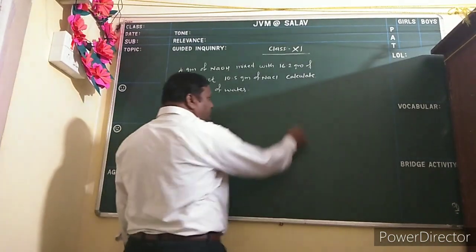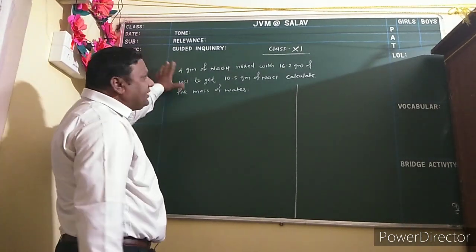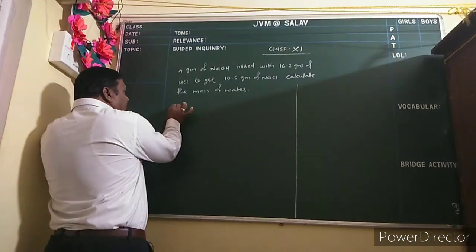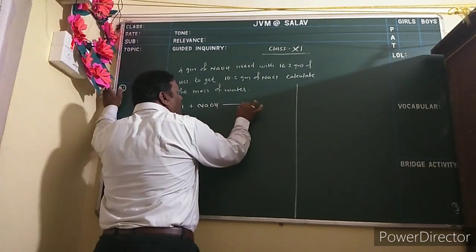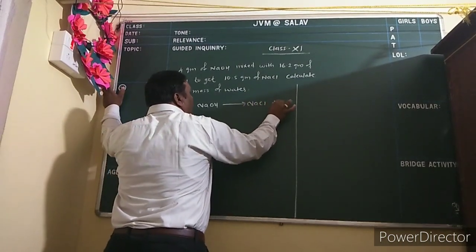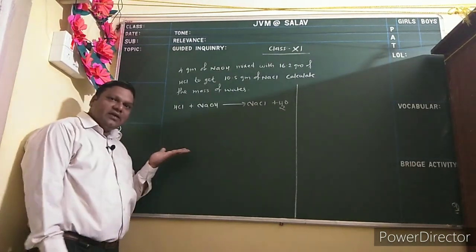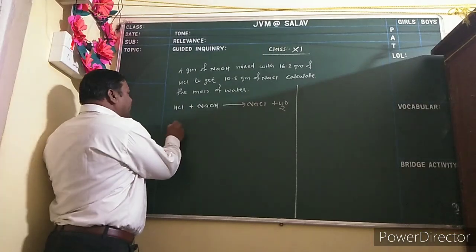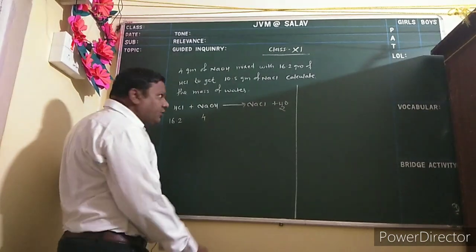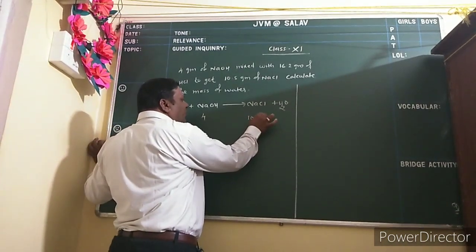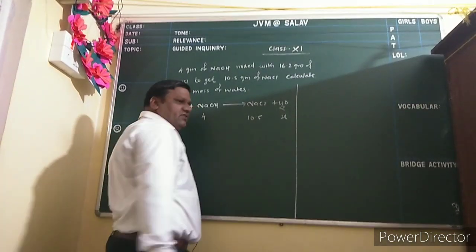Okay. Now, listen. Here it is also based on the law of conservation of mass. The reaction is HCl plus NaOH to get NaCl plus water. This is a simple neutralization reaction. You already studied it in class 10. The mass of HCl is 16.2, mass of NaOH is 4, mass of NaCl is 10.5, and mass of water will be X. Understood?